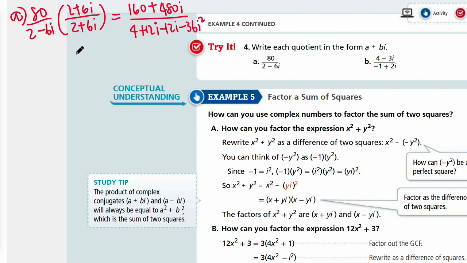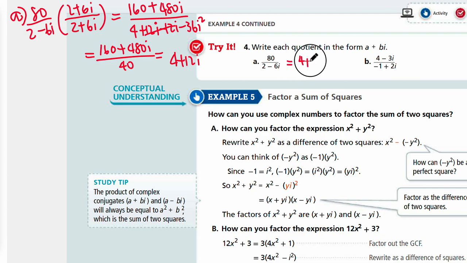And then you simplify, so that's gone, and then that's plus 36, and so 36 plus 4 would be 40. So you have 160 plus 480i divided by 40, and then if you simplify that, it should be 4 plus 12i.